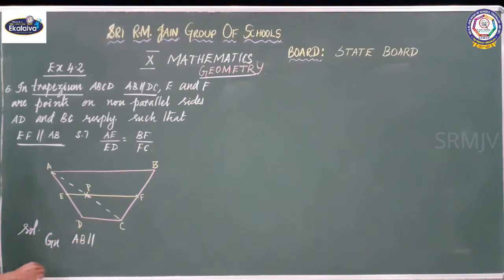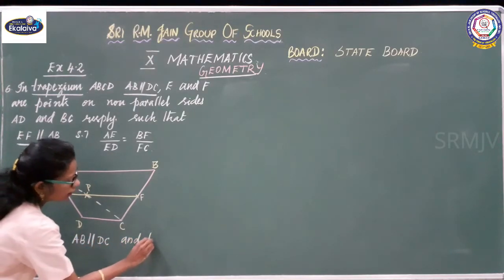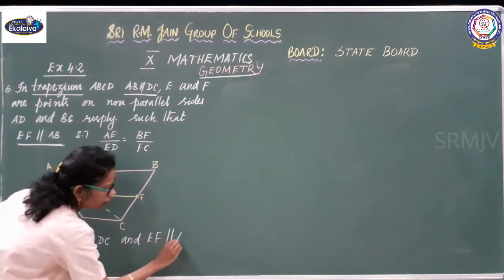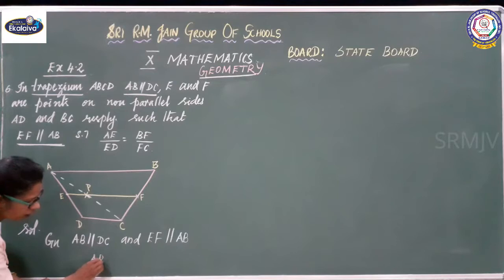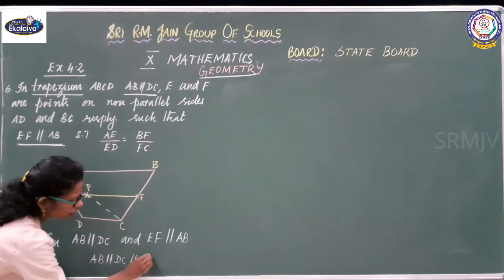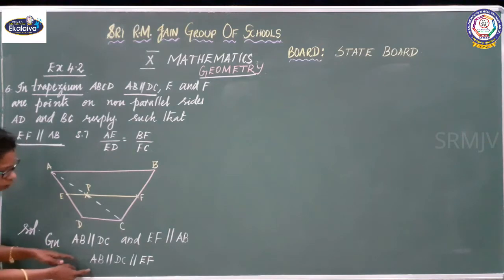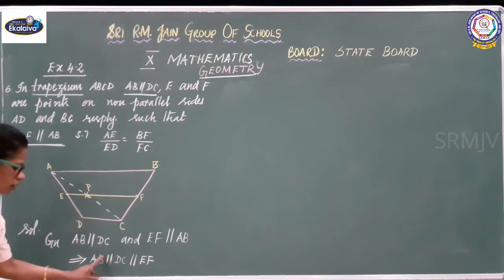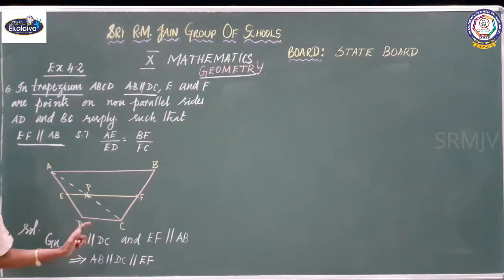From these two, what you can observe, children? You can get AB parallel to DC parallel to EF. Got it? AB parallel to DC, then AB parallel to EF means definitely EF is parallel to DC.